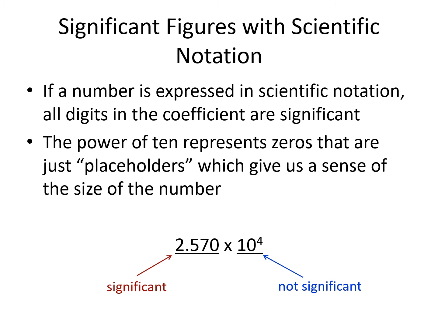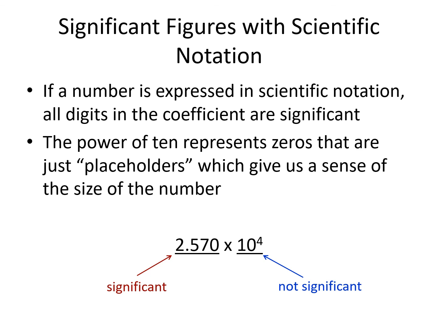The power of 10 is just a placeholder that tells us how large or small the number is. The reason the coefficient is always significant is that it always has a non-zero digit followed by a decimal, and then the rest of the numbers. Therefore, there are never zeros to the left of the first non-zero digit, and there is always a decimal, so zeros to the right are always significant.